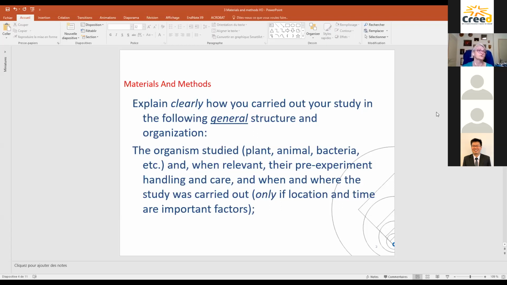Or if you're looking at a study of the impact of the COVID epidemic on schooling of children, you would have to explain the period and what age of the child and things like that. So adapt it to the situation, but give the information that is necessary so we understand where and when.